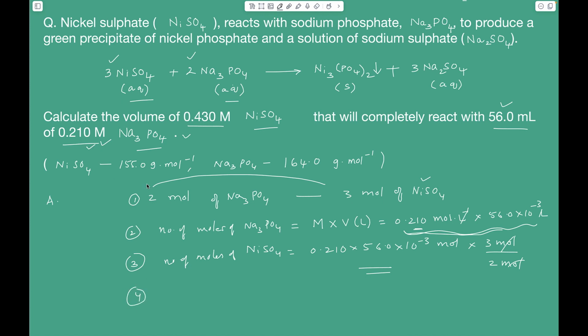But the reaction is not taking place between pure nickel sulfate and sodium phosphate. It is taking place between their aqueous solutions. So here we took an aqueous solution of nickel sulfate with this concentration. So now we have to calculate the volume of nickel sulfate solution that has this concentration and that provides these many moles of nickel sulfate.